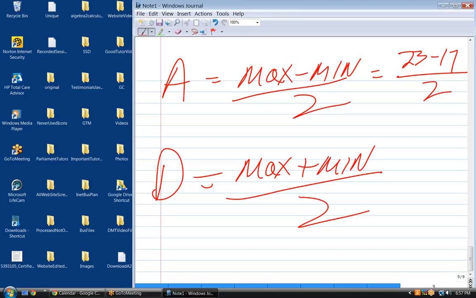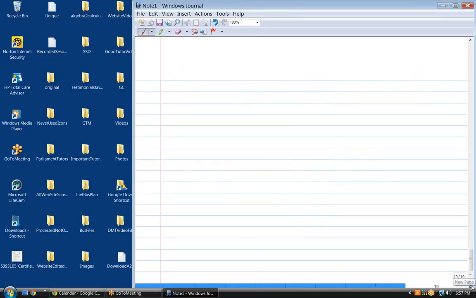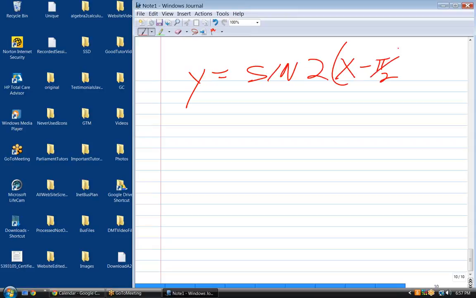Now, I better restate that, because it kind of depends on what your formula is. In other words, there's 2 ways to put B. I'll give you an example of both ways. If I give you this formula, the phase shift is pi over 2, which is also C. But I might write that like this.